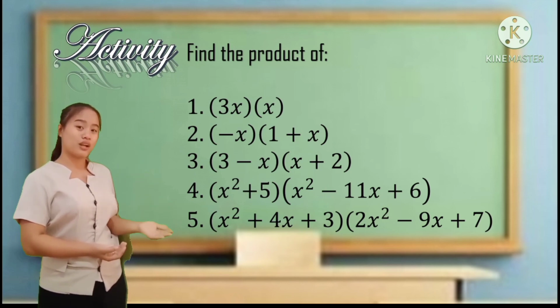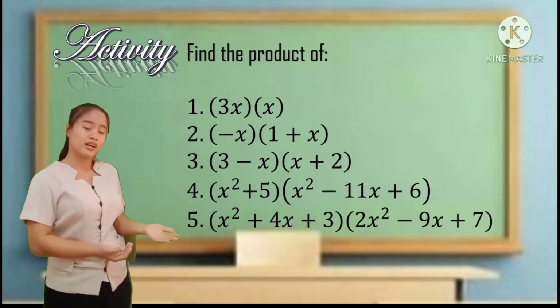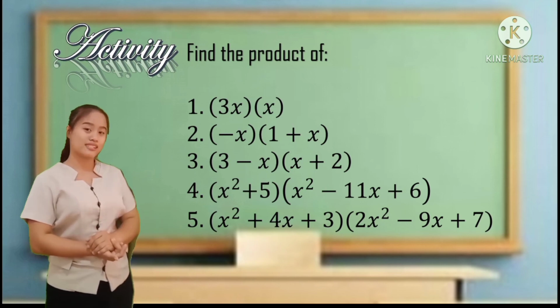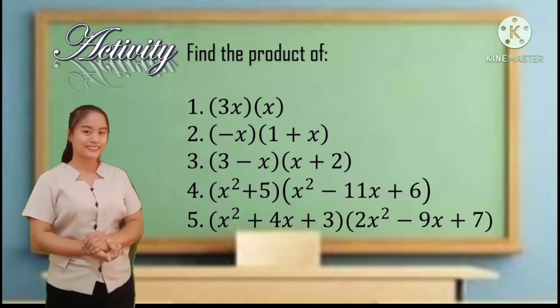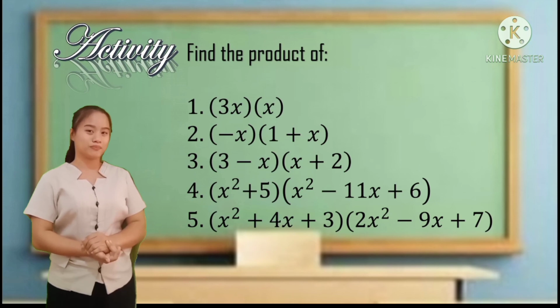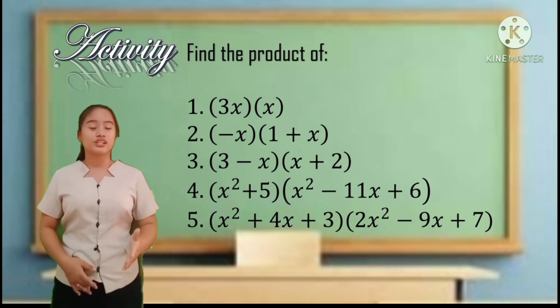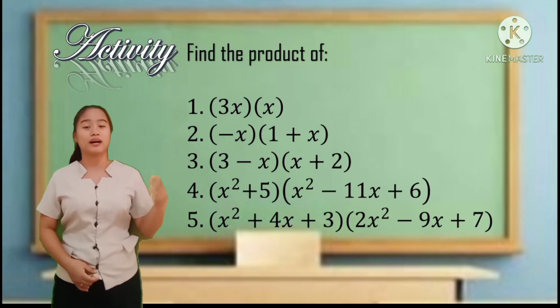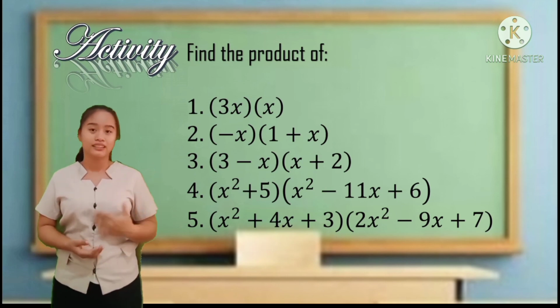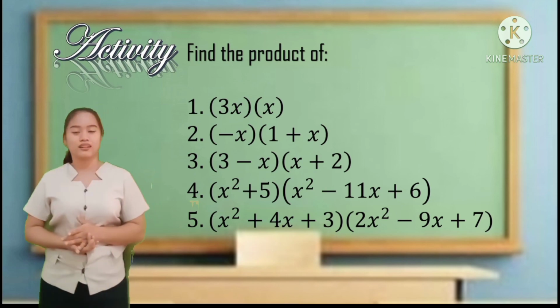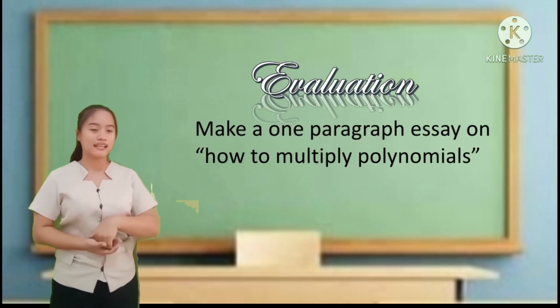Please answer the following problems in just 5 minutes and pass it to me, okay? Okay, very good. Take your time, class. If you are all done answering the activity, please pass the paper forward. The time is up. Okay, so pass the paper forward, guys.